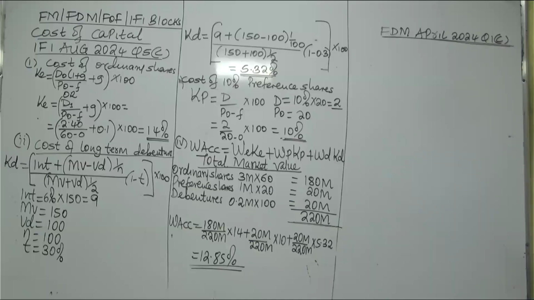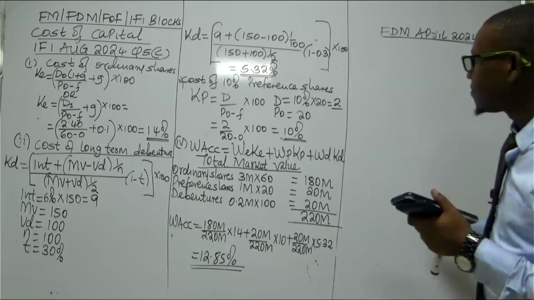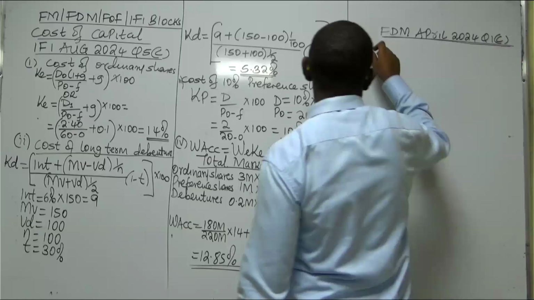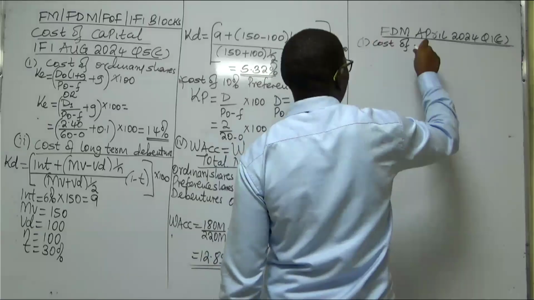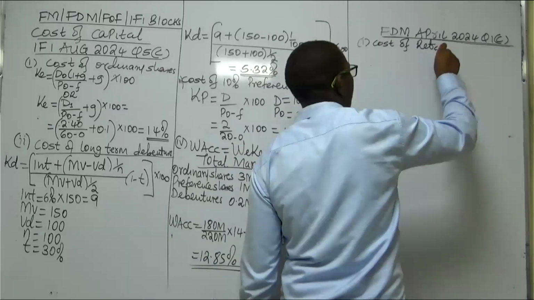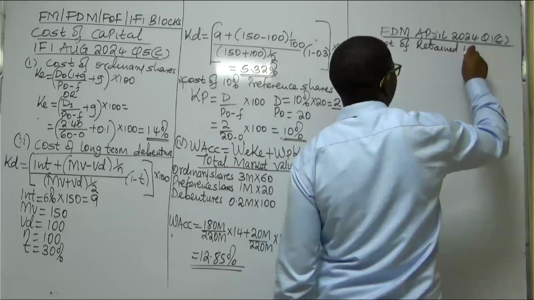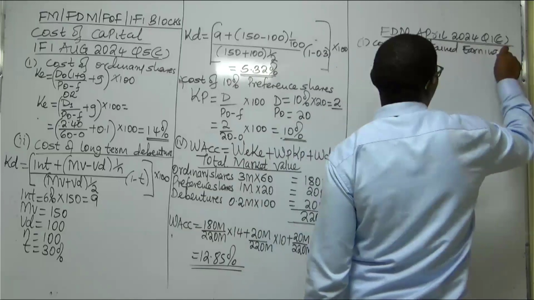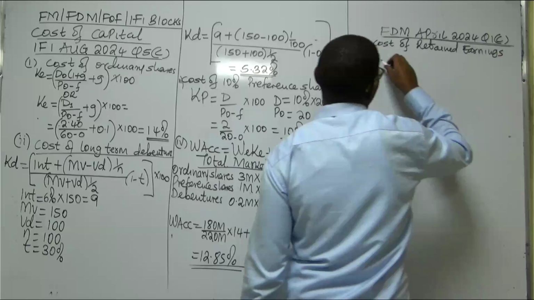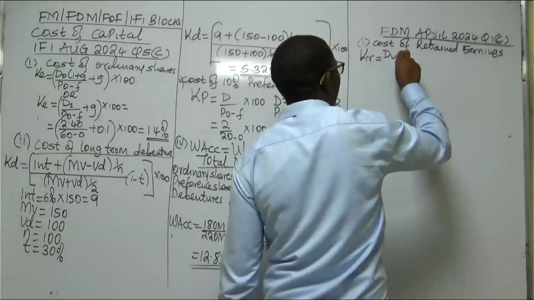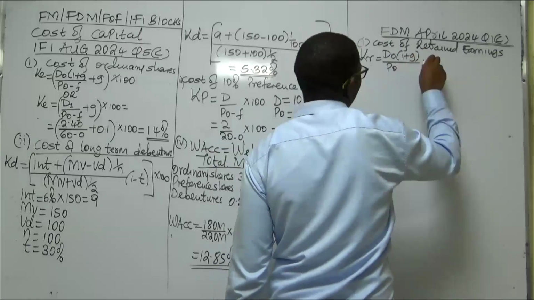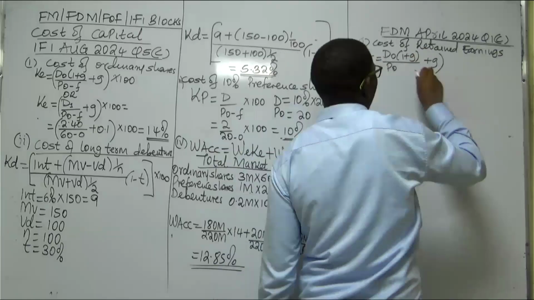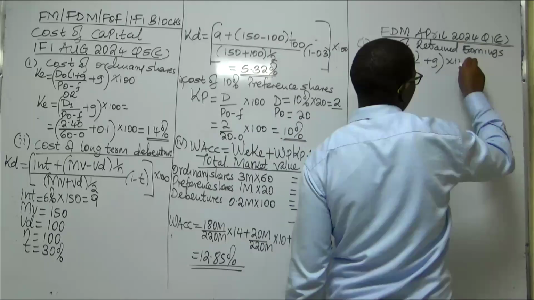You are required, first, to find the cost of retained earnings, Kr. To get Kr here will be given by D0(1+g) all over P0, plus g, with the flotation cost.